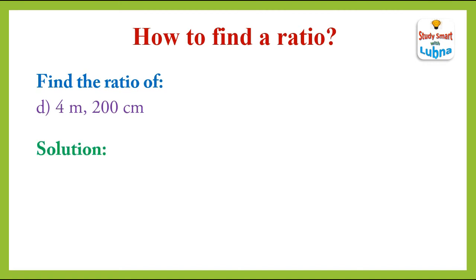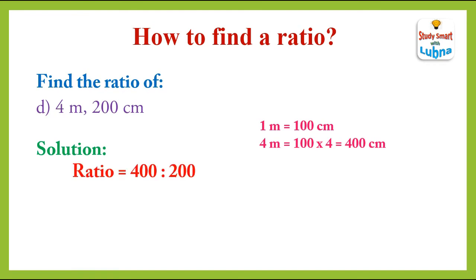So let's begin the solution. As we know that 1 meter equals 100 centimeter, then 4 meter will equal 100 into 4, which is 400 centimeter. So we convert 4 meter into centimeter. After converting we get 400 and 200.